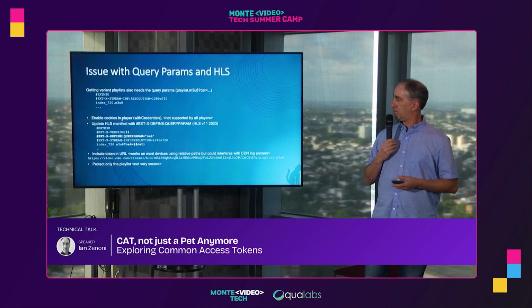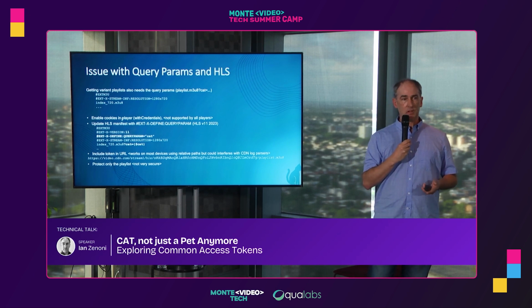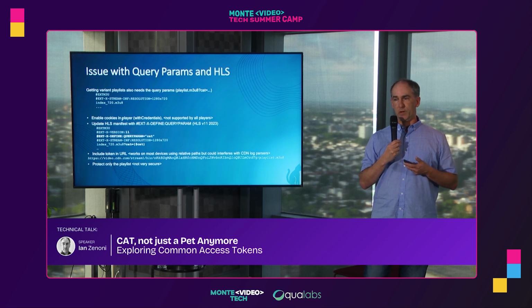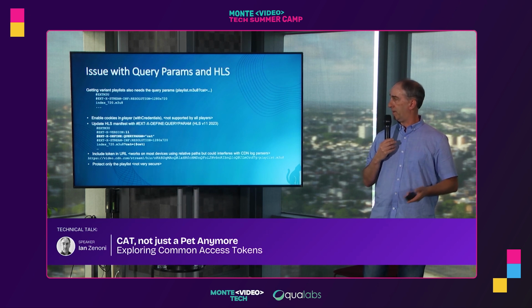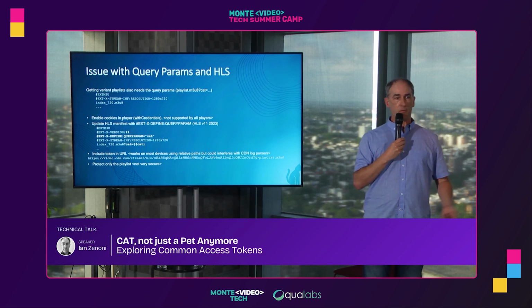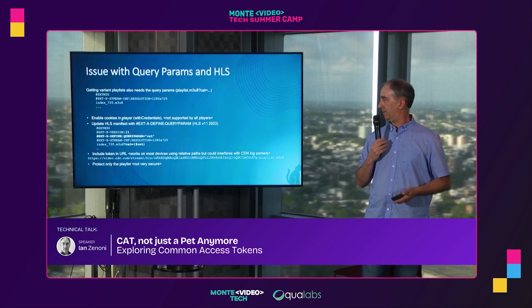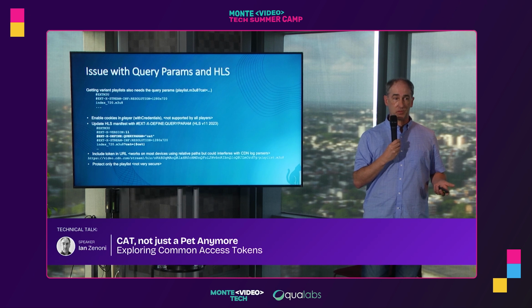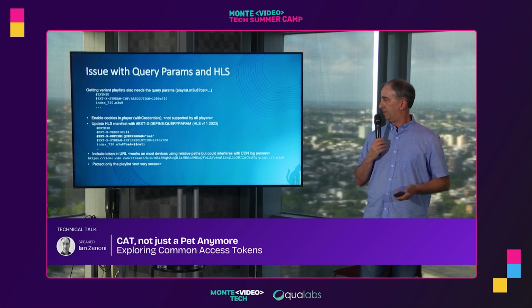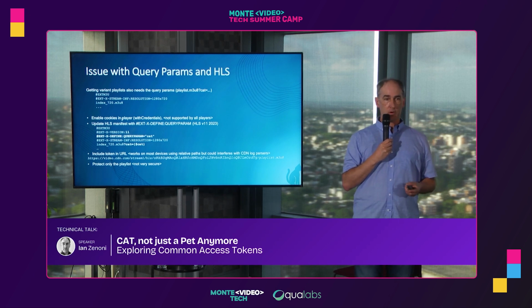Early on, players supported something called withCredentials, which allowed cookies to be used by JavaScript players so that the CDN could set the cookie for that token and subsequent requests could use it. Not all players supported it, so that was a bit of an issue. One cool thing HLS did a couple years ago, in HLS version 11, they added the option for query parameters.